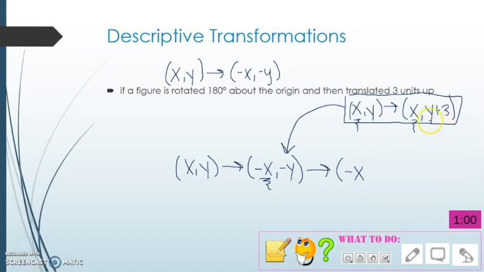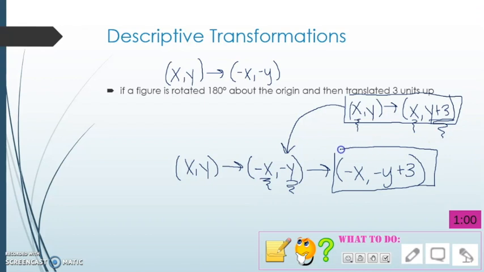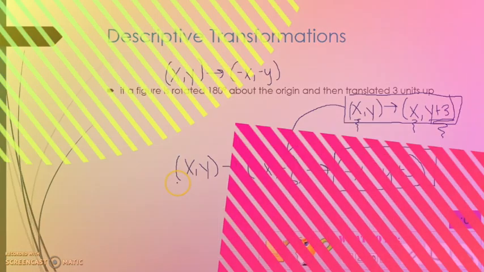And then as far as the y value, I just need to take the y itself and add 3. So here, since my y value is negative y, I'm going to do negative y plus 3. And so that's your final mapping rule there. That rotates 180 and then translates 3 units up.